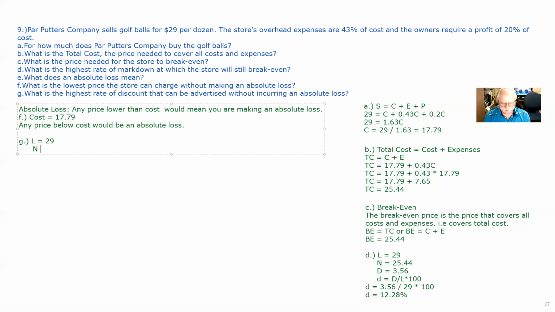The net price has to be equal to 17.79. So the dollar value of the discount is the difference between these two. 29 minus 17.79 is 11.21.